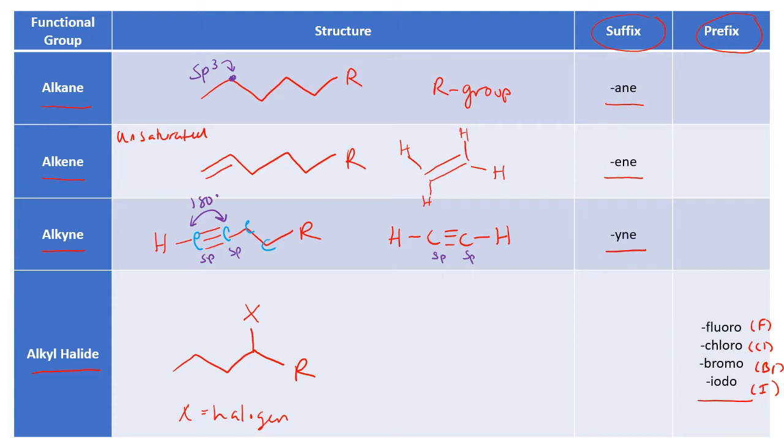And when we're looking at our halogens, we can have a few different degrees of them depending upon how many carbons they're bonded to. So in this example that I drew, the carbon that our halogen is coming off of is bonded to 1 carbon here and 2 carbons here.